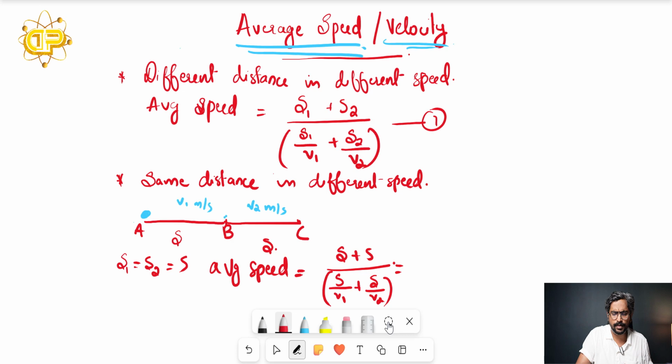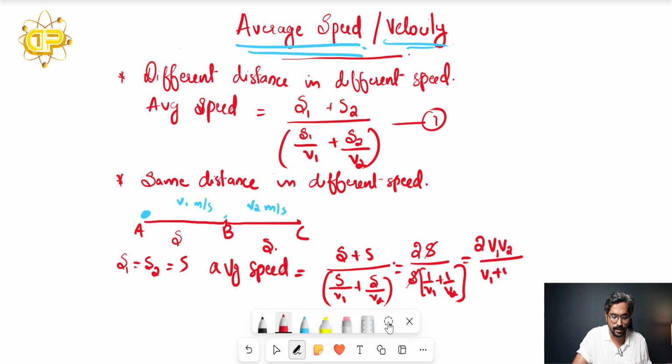By doing simple mathematics, taking S out, we get 2S divided by S times 1 by V1 plus 1 by V2. So here S cancels, and the equation goes like that: 2 V1 V2 by V1 plus V2.